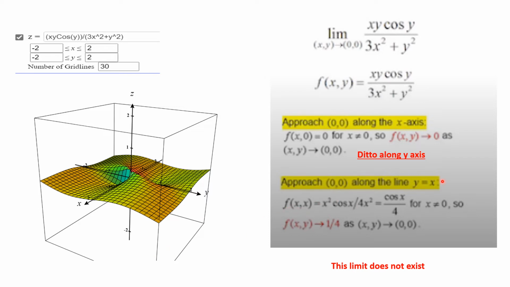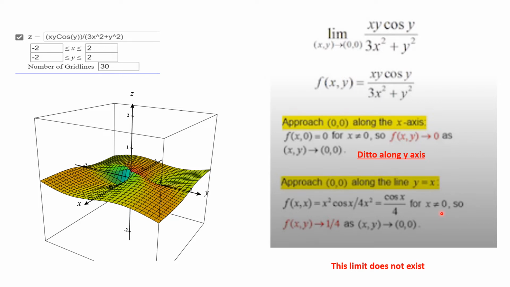Now, if I'm going along the line where y is equal to x, if I let x equal y, this is going to be x squared times cosine of x divided by, and x is y, so 3x squared plus y squared becomes 4x squared. Make sure you understand the simplification that I did there. And now I can cancel out some things. The x squareds will cancel, and I will be left with cosine x over 4. And this is for x not equal to 0.